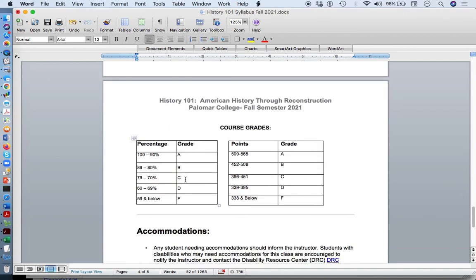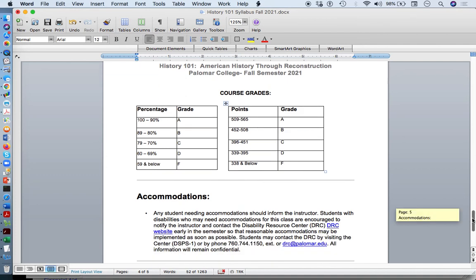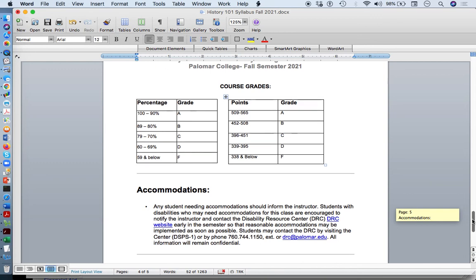Here are a couple of tables that show your grade. The first one is by percentage, and the second one is by the number of points. And on your grades, it should say the number of points that you have. So you should have a good idea of how you're doing in the course.